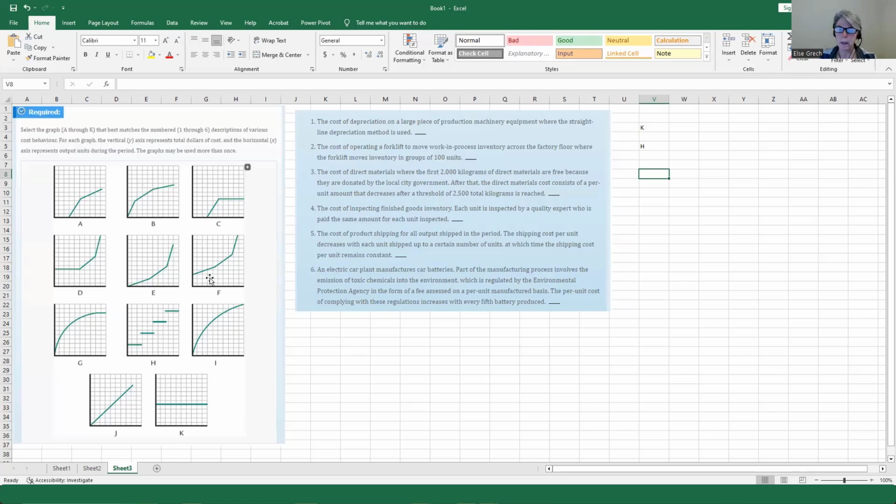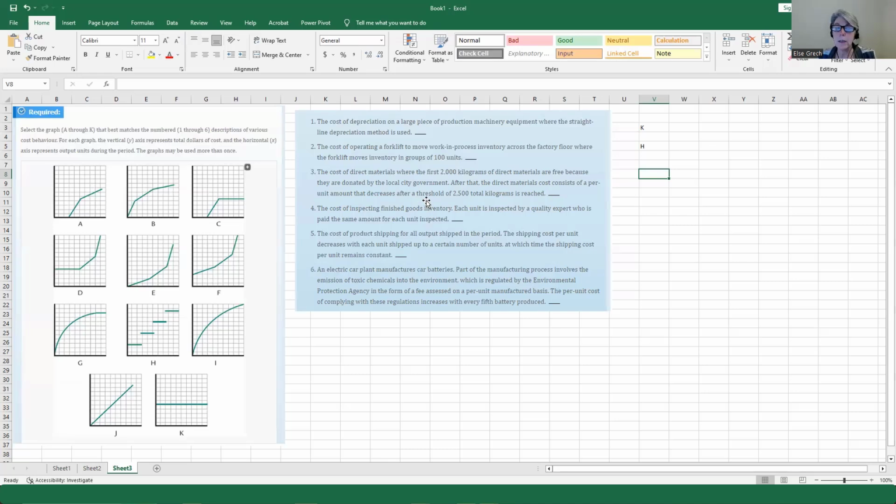There's a few we can discard right away. We couldn't do B, can't do D, E, F, G, H, I, J, K. These are all off the table because you got to think up to 2,000, we pay nothing. So the only thing that it can be is actually A or C. And it said that after that, the direct material cost consists of a per unit amount that decreases.